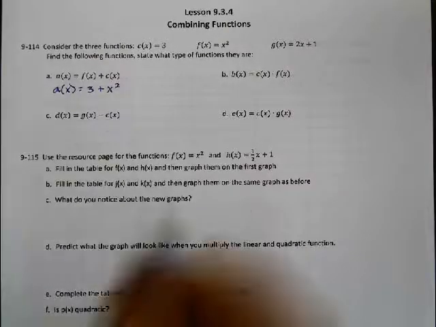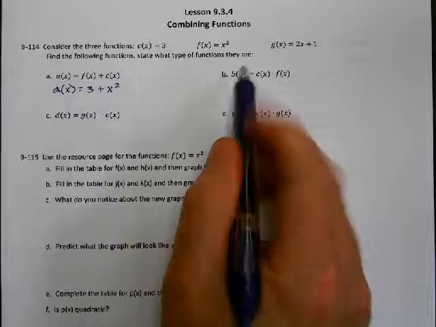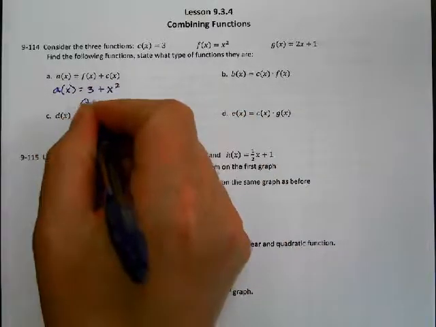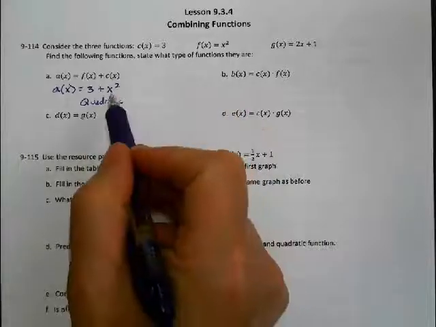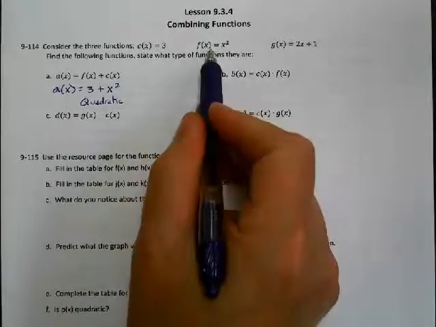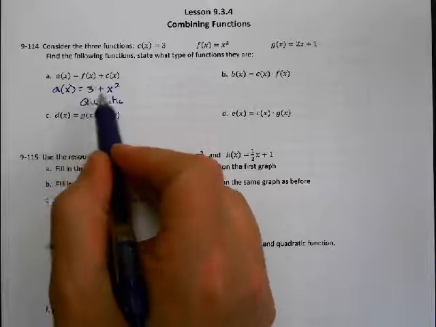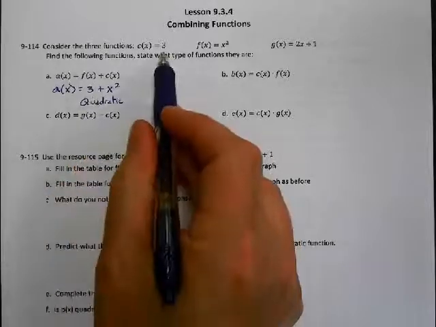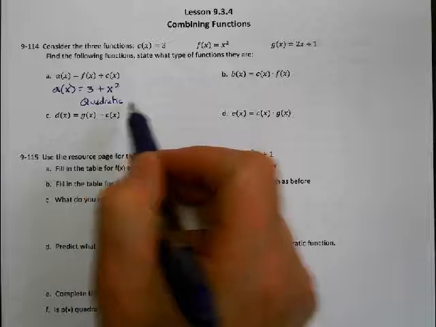So when I added a constant to this quadratic equation, I still have a quadratic equation. The change is this one was at 0, 0 for the vertex. This one got shifted up 3 units. So when I add a constant, I'm going to shift it up or down.